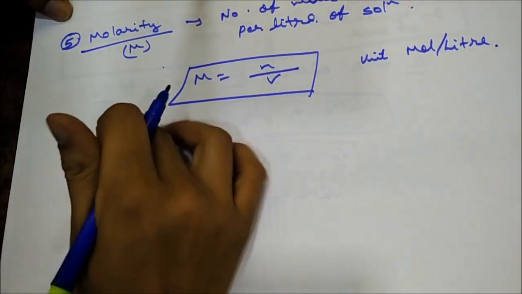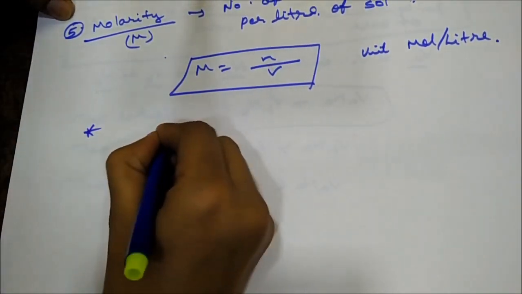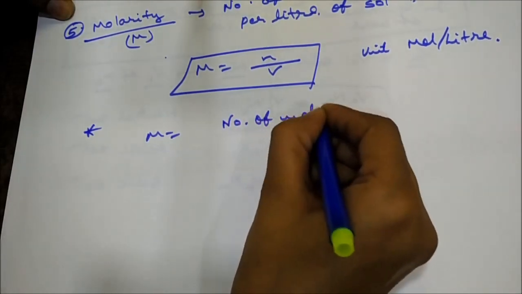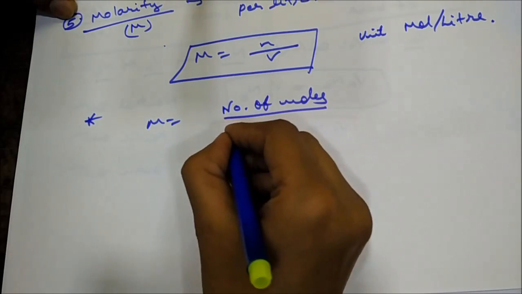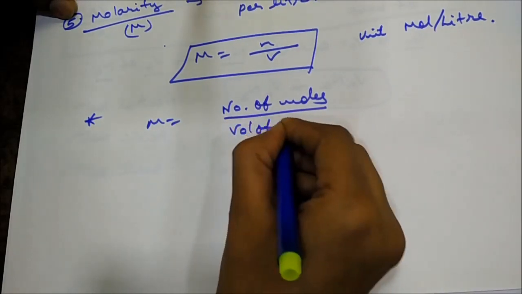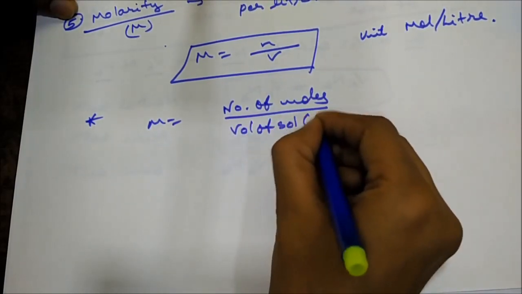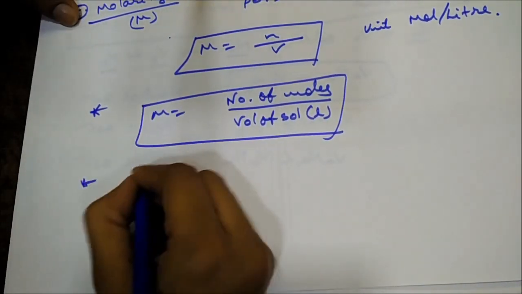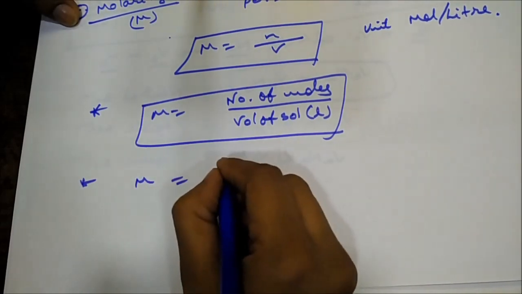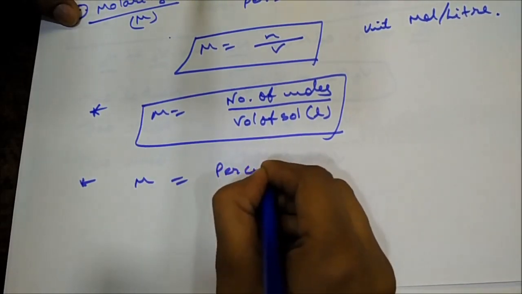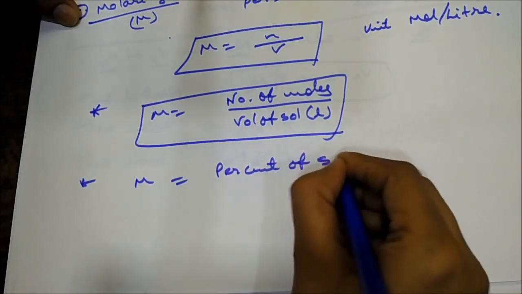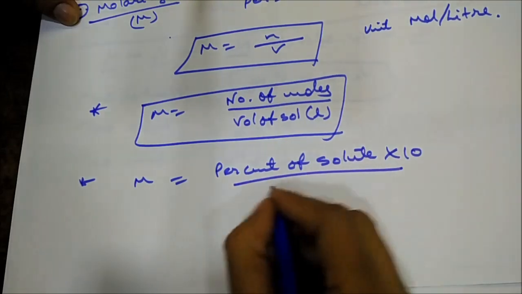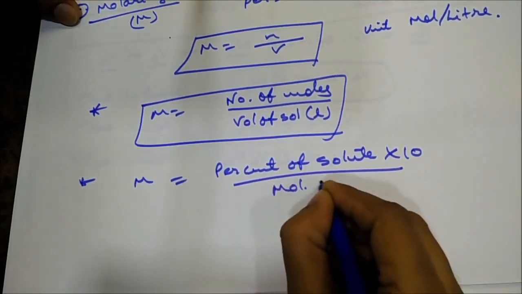Different formulas for calculating molarity: M is equal to number of moles divided by volume of solution in liters. First is this. The second one is, if it is given in percentage, the percentage of solute into 100 into 10 divided by molecular weight of solute.